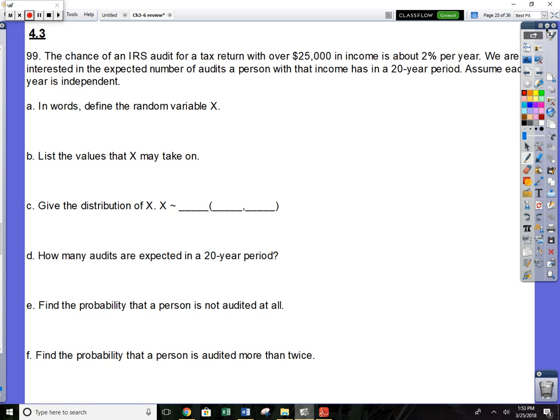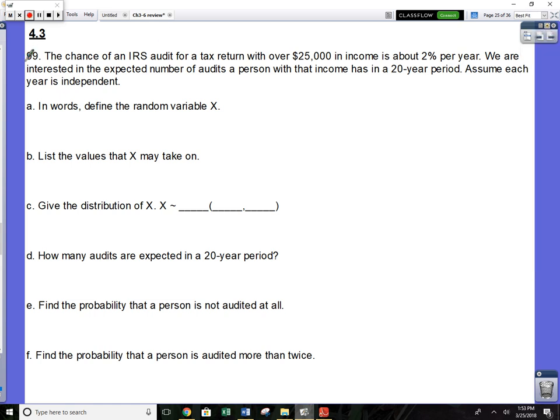Okay, IRS question, this is a good one. So problem number 99. Remember, the chance of an IRS audit for a tax return with over 25 grand in income is, I mean, it's not very likely, it's 2% each year. We are interested in the expected number of audits a person with that income has in a 20-year period. Okay, so let's define the random variable x.